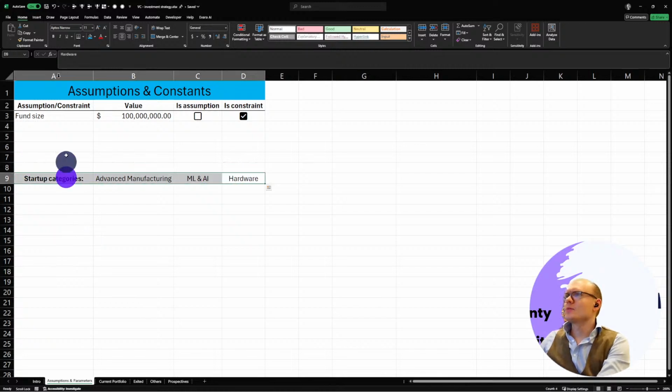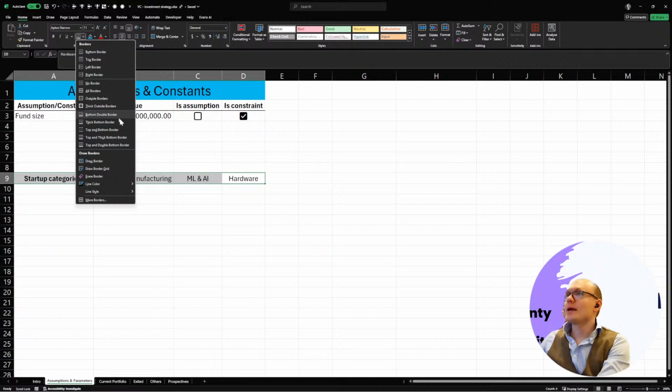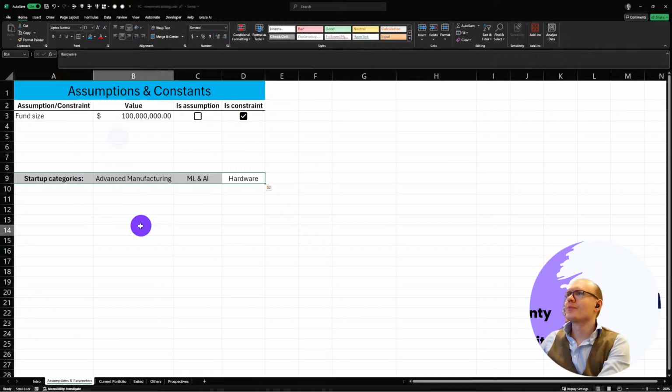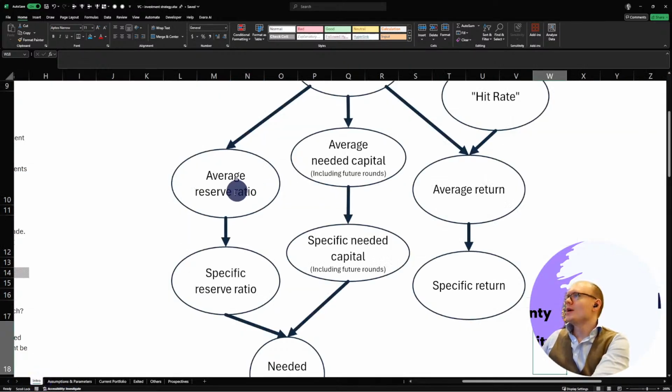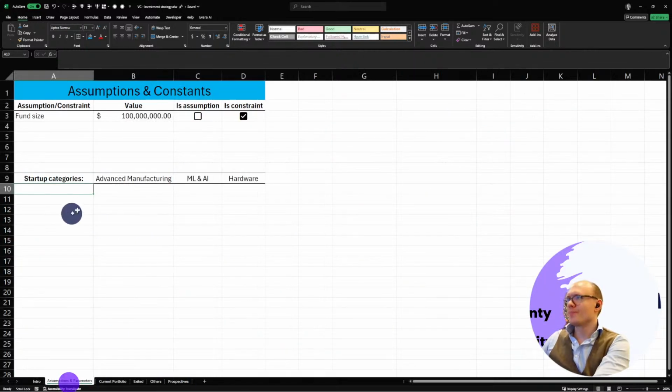And we'll actually add this on top and below. There we are. Okay. So we've got startup categories. Those are now those ones. Now we'll have what we mentioned back here. So these were average reserve, average needed capital, average return.